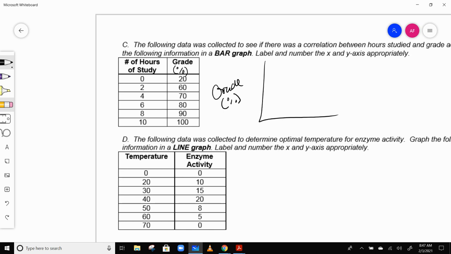Let me see if I can find a unit there to include. Anyway, let's just keep it that way. Just remember that if there are units, you include that.